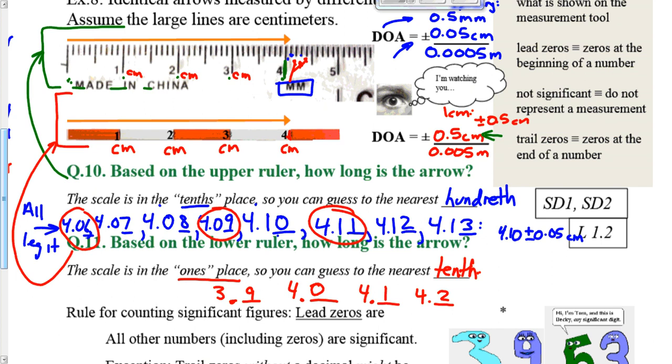You may say, well, why would I use a ruler like this one when I can just use this one? Well, because you don't always get the choice. Here we're measuring arrows that are centimeters long. What about when you're measuring atoms? Now, we're not going to measure atoms in class here, but there are people who are being paid to measure very tiny objects. And when you have very tiny objects, you can't make rulers with tinier tick marks.